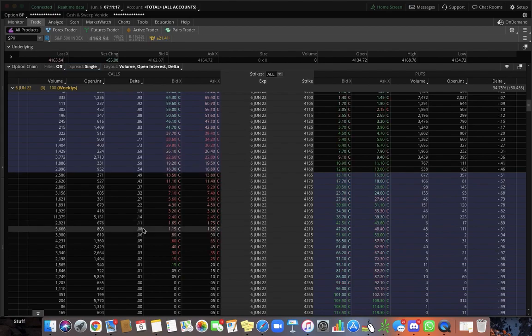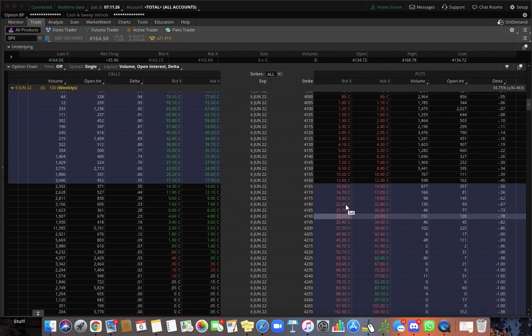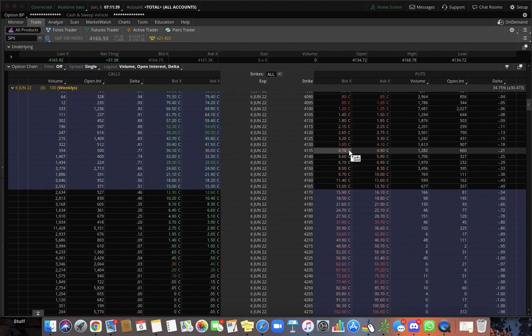Now, if you're selling credit spreads, a lot of people are willing to take on more risk for a higher probability trade. When you're selling something away from where price is, your risk becomes heavier, but your chances for reward increase.